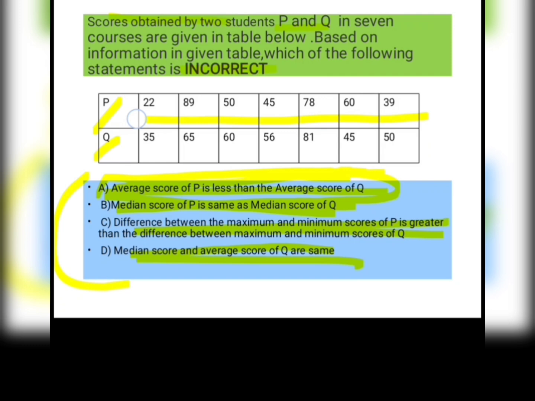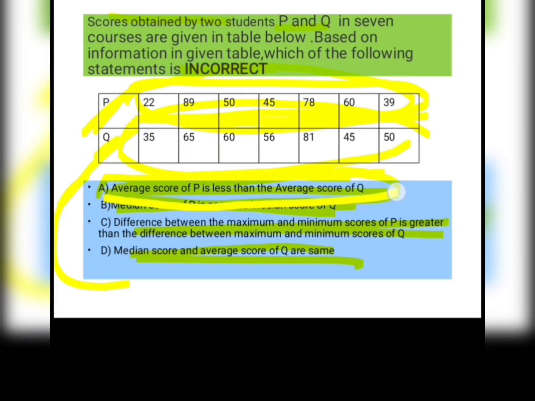What is average score? Average score means sum of scores obtained divided by number of scores. Let's calculate the average for P and for Q, and find out whether the average score of P is less than the average score of Q or not.